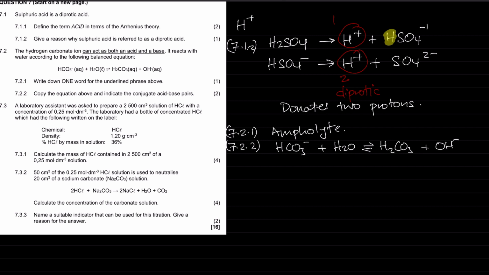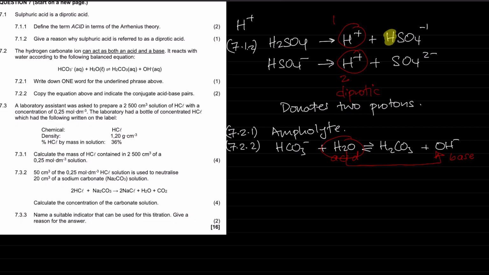For instance, if I focus on the H2O, the H2O became OH minus. So in other words, it lost a proton, or it donated a proton. And we know that acids donate protons, so the H2O in this case must be acting as an acid. That means the OH minus must be the base.